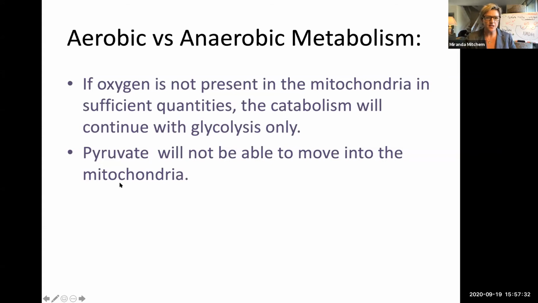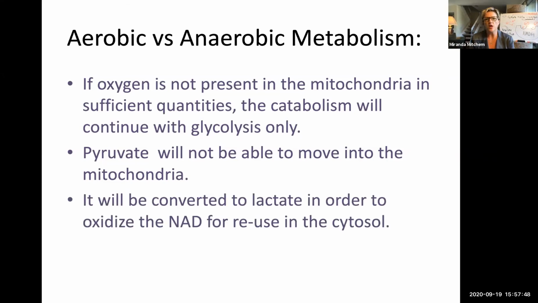But if we have a situation where pyruvate's not able to oxidize and move on to the next stage, right? To oxidize pyruvate, we need oxygen. But if we don't have oxygen, we can't do that. So instead, we go into anaerobic metabolism, and we'll look at lactic acid production as an example.